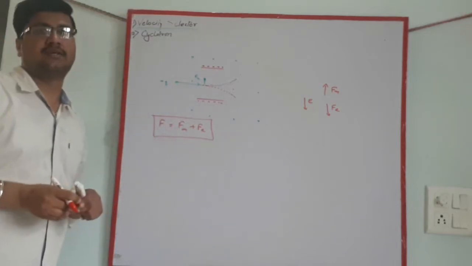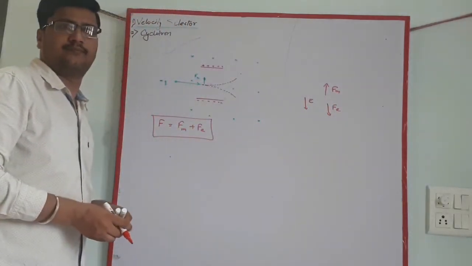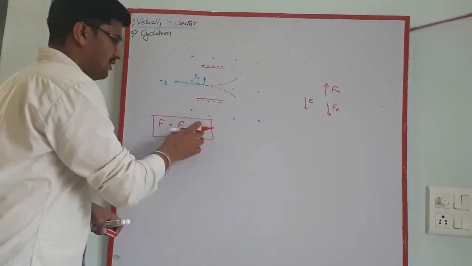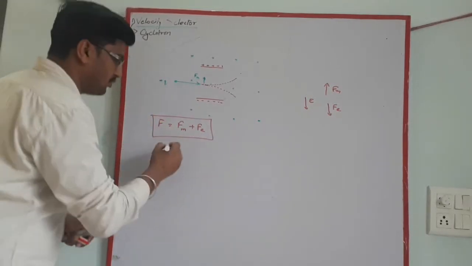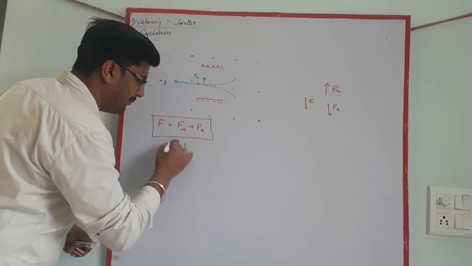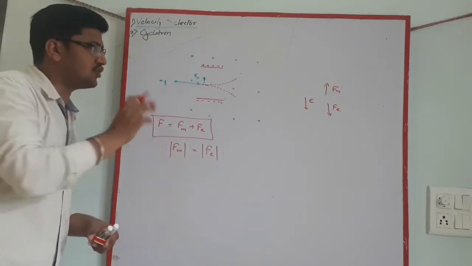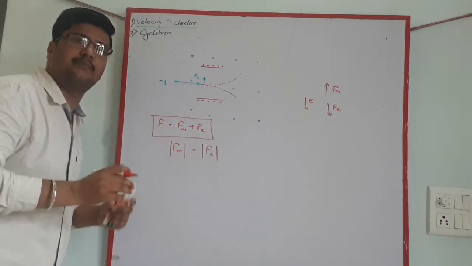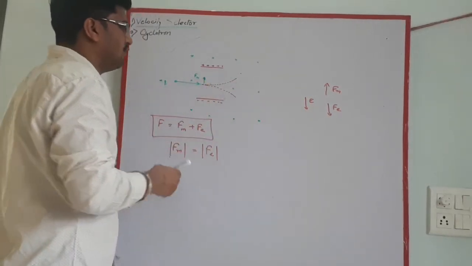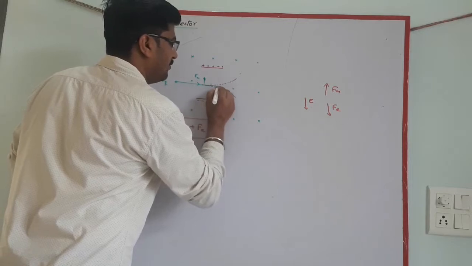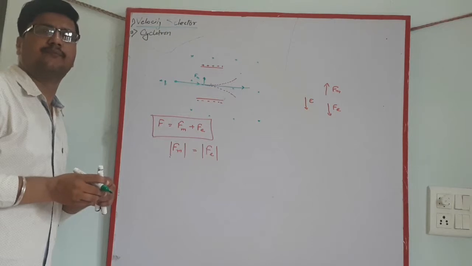Imagine the case if both forces are equal, then the net force will be 0. We are assuming that the magnitude of Fm is equal to the magnitude of Fe and directions opposite to each other, so that the net force acting on the charged particle becomes 0. In that situation, the charged particle will move without any deviation through both fields.